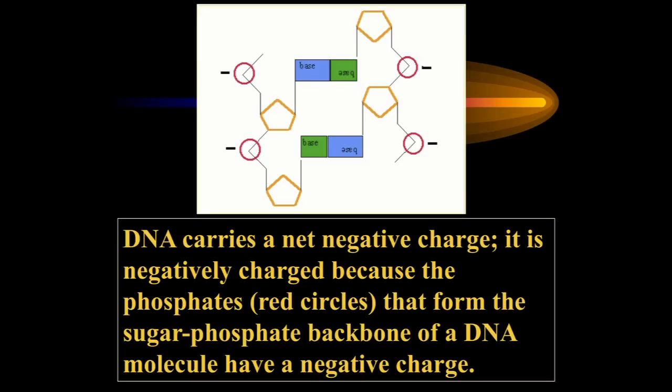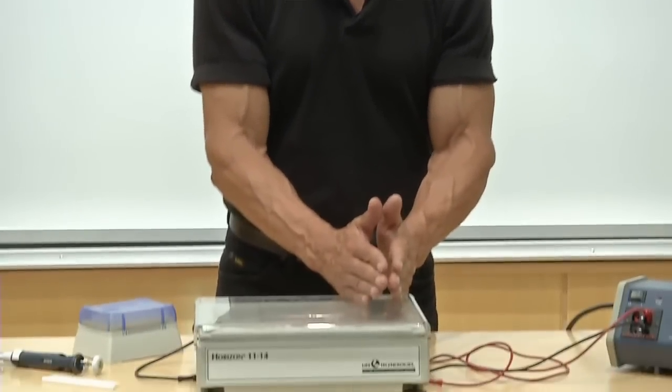Keep in mind that DNA carries a net negative charge, deoxyribonucleic acid. As an acid, it has negative charges associated with the phosphate groups that form the sugar phosphate backbone of DNA. Therefore, carrying a net negative charge, it will move in the electric field towards the positive pole.